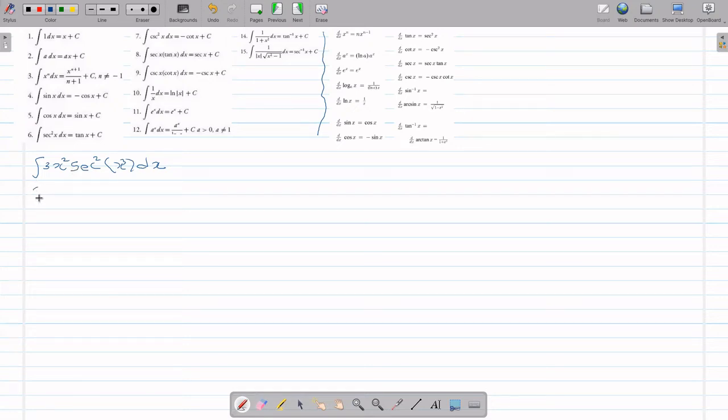So here I say u is this inside function, x cube. Now I need to differentiate that one. I will use this one. So du by dx.